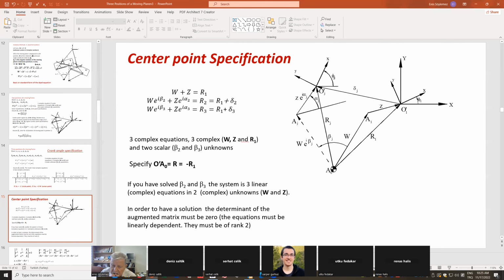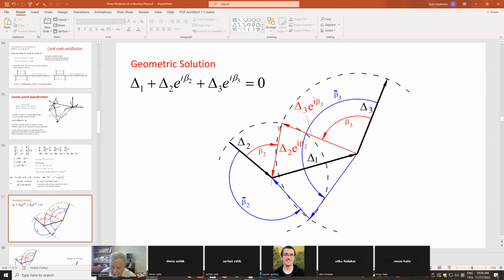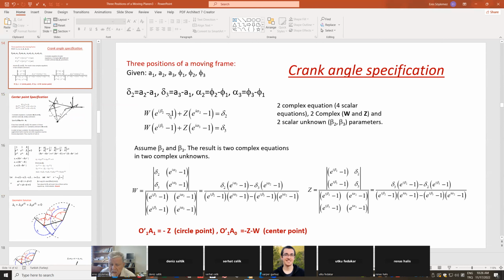Now I will write W e to I beta 2 plus Z e to I alpha 2 is equal to W plus Z plus delta 2.